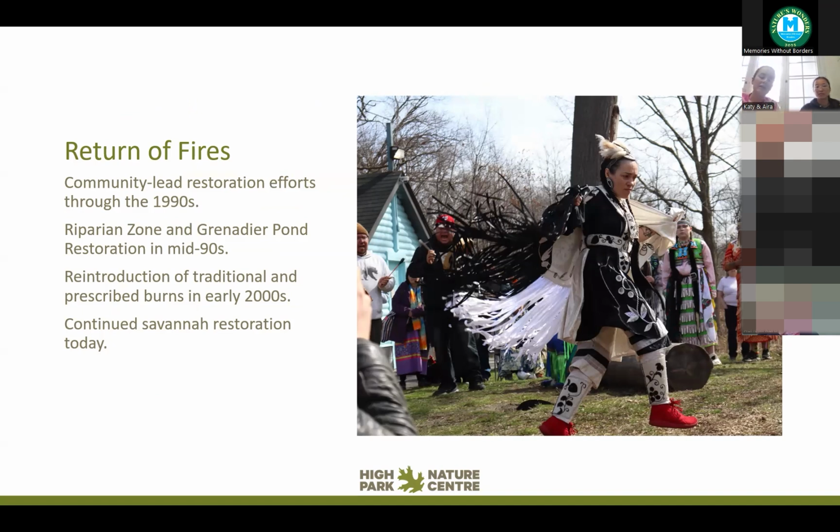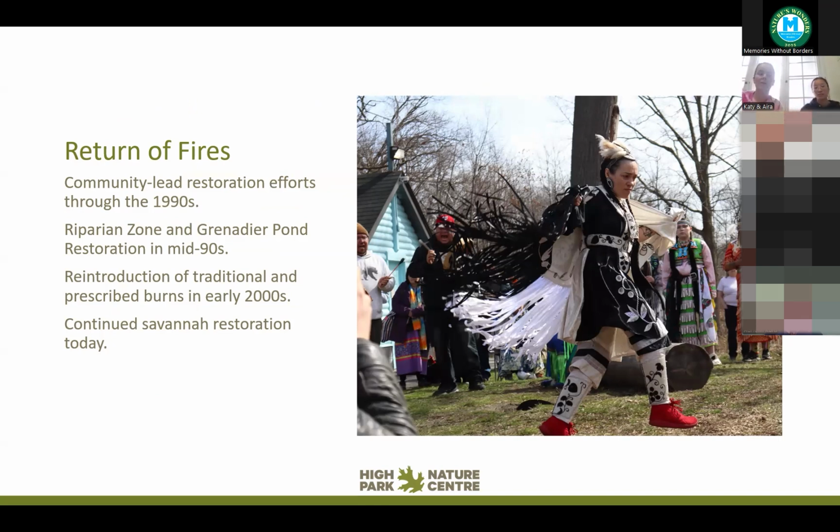So again, back to that big community push to restore those natural spaces in the 90s, another activity was the reintroduction of fire in High Park. So we cast our minds back to when Katy presented about the different types of successional forests. We were talking about disturbances on the land that are fire-based, fire-related.